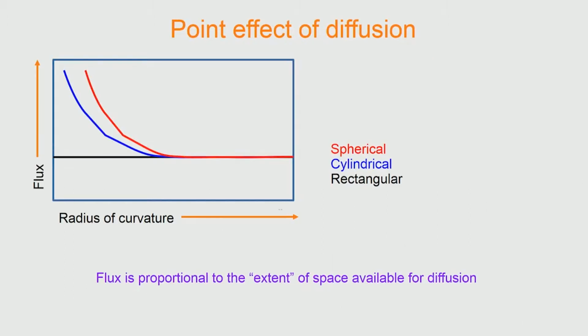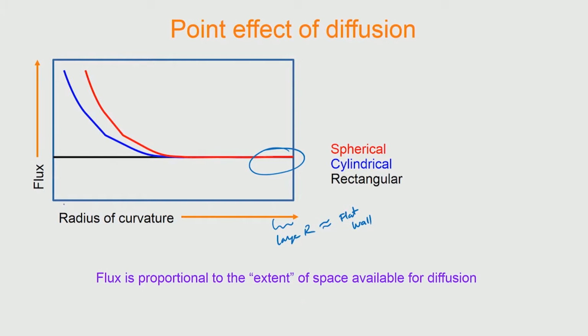So, what this implies is that at large radius of curvature, which is basically a flat wall, all three coordinate systems will give you basically the same flux across the shell.